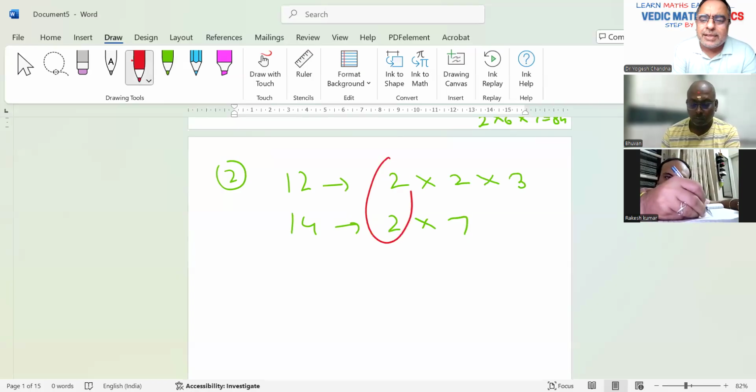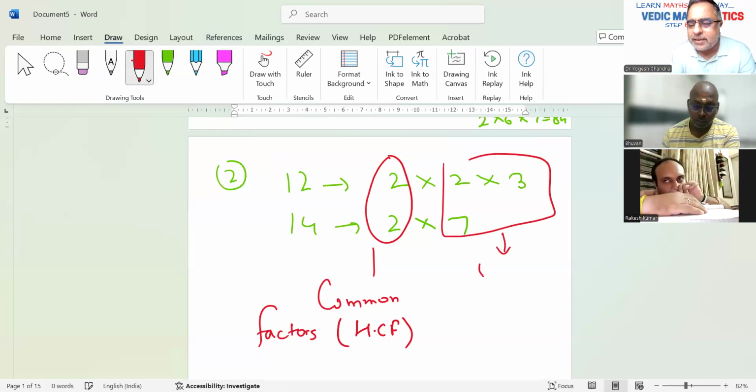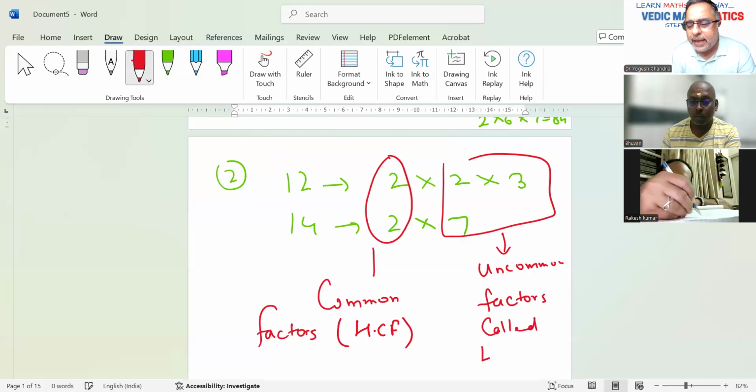So these are our common factors, also called as HCF. These are uncommon factors, called as LCM.